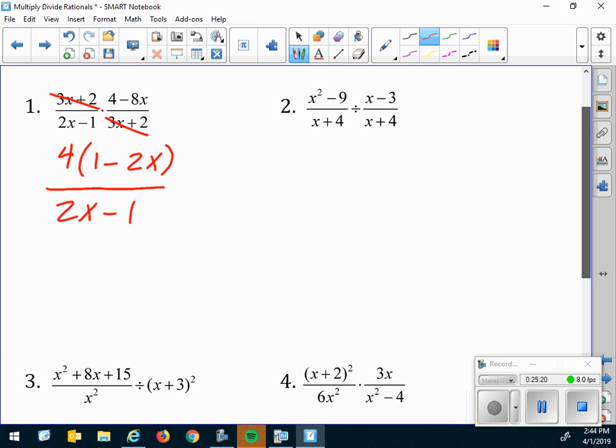Look in the top. Is the 1 positive or negative in the top? Positive. In the bottom? Look at the 2x in the top. Positive or negative? In the bottom? Do you see that the terms are the same, but every sign is changed? When that happens, it's a negative 1. Answer is negative 4.